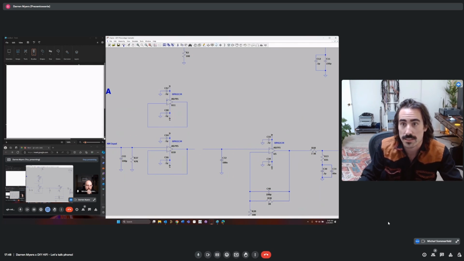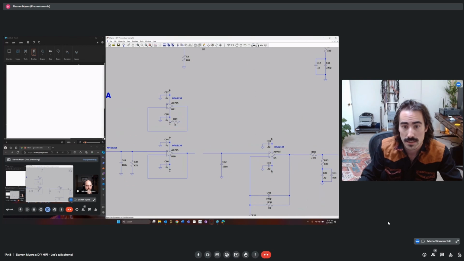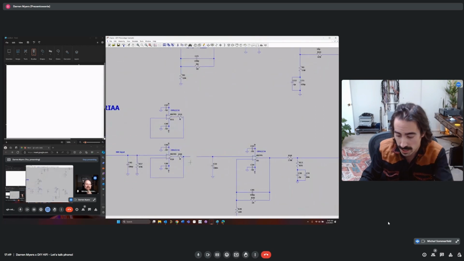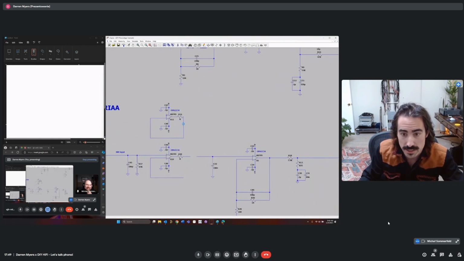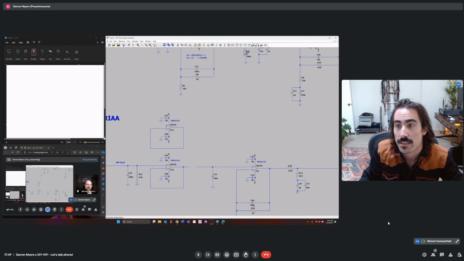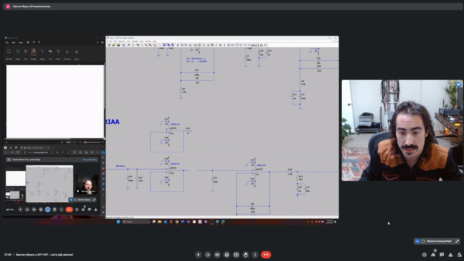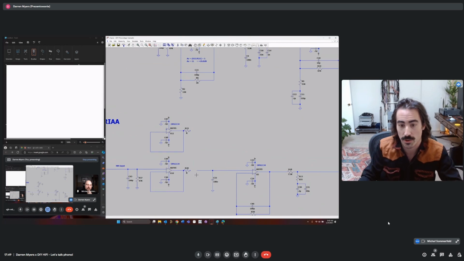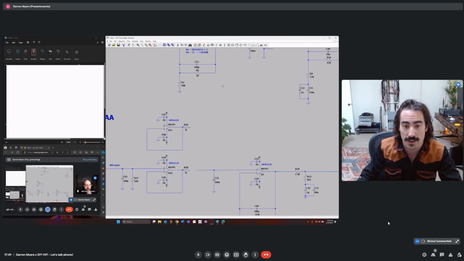So let's just design that really quickly. I'm going to put isolating resistors. I'm not dragging this right, so one second. So let's isolate these stages, because usually you want to isolate when you put amplifiers like this in parallel.